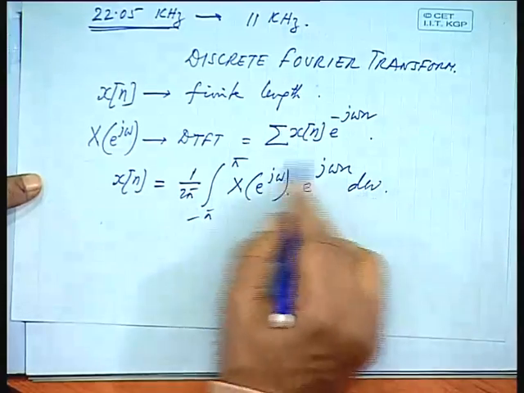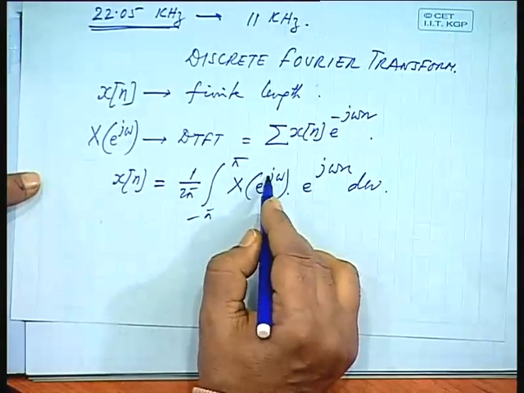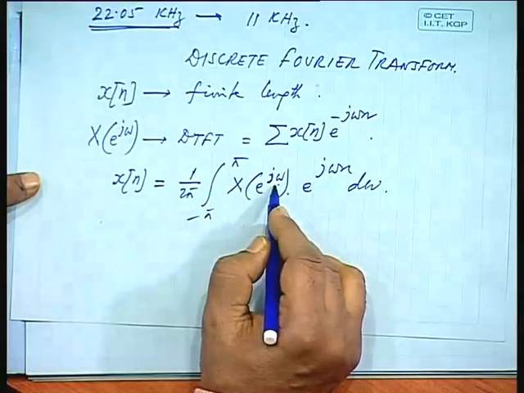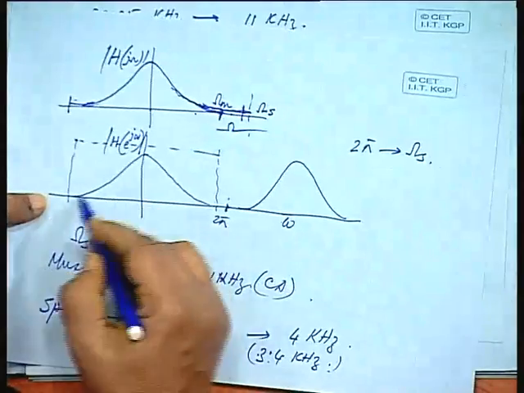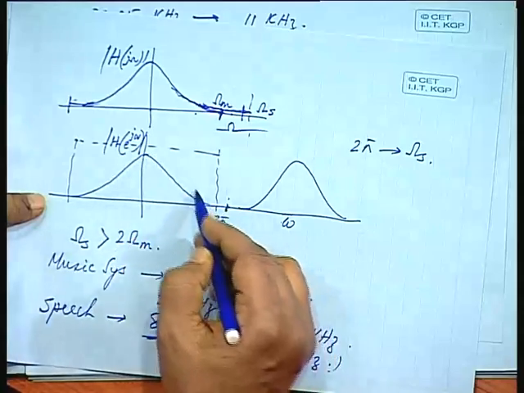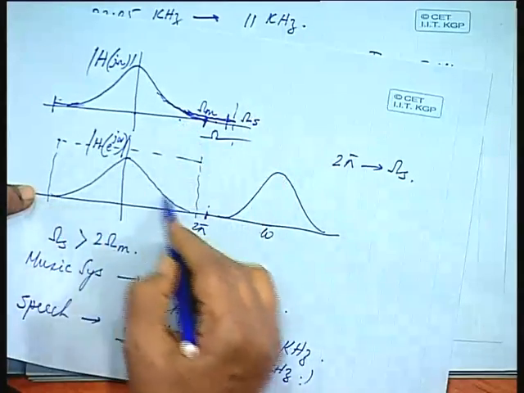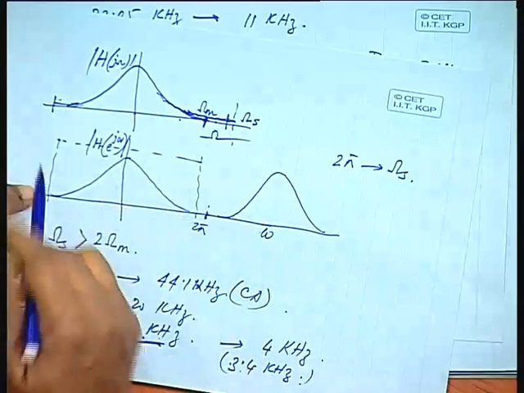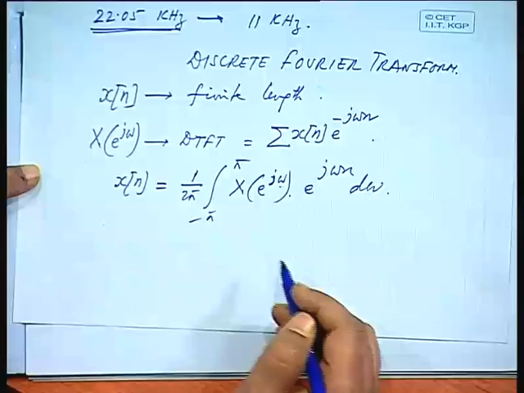So, you have to perform this integration. You have to know this in the continuous domain of frequency, all right. So, as I had mentioned, this X may be of this type, okay. So, you have to take the inverse transform of this to go from frequency domain to time domain. Since it is periodic, in the time domain it will be discrete lines which will be xn, okay.